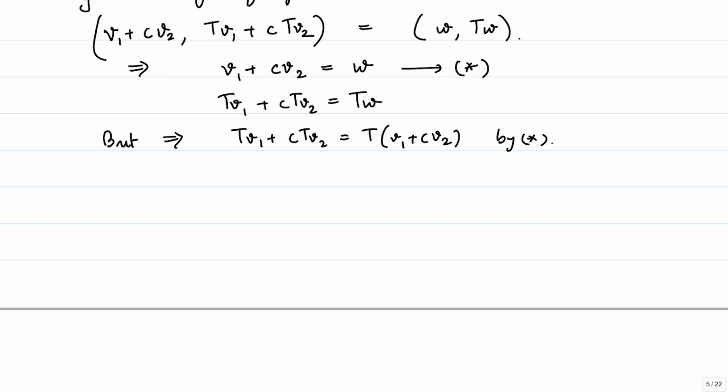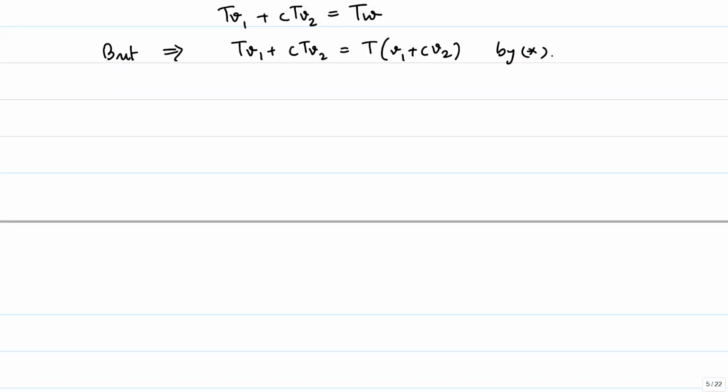The converse is an extremely similar argument. I'll just quickly write the steps for you. So what is it that we have to show? Conversely, we assume that T is a linear transformation, and we would like to show that graph of T is a subspace. So I'll just show the vector addition.